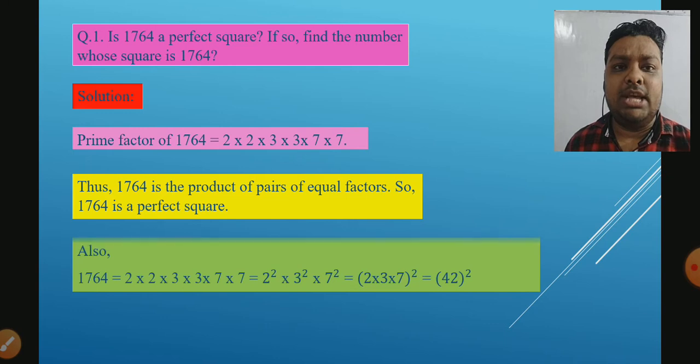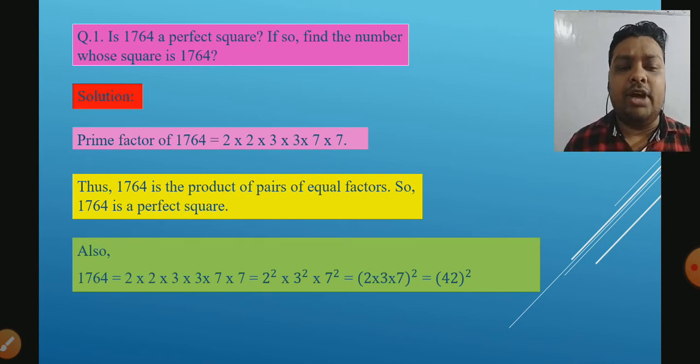Now we have to find the number whose square is 1764. The same prime factors I have written here. 2 into 2 we can write as 2 square, then 3 square, and 7 square. Now we know the laws of exponents: if the bases are not common but the exponent is common, then we multiply all the bases and write the common exponent.